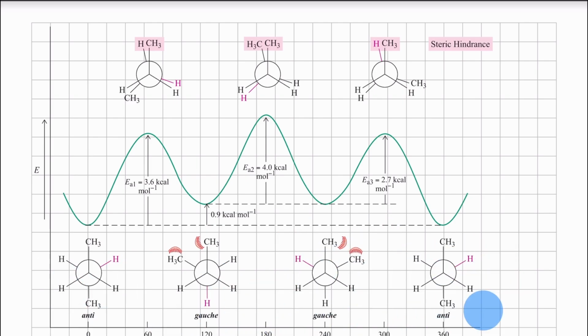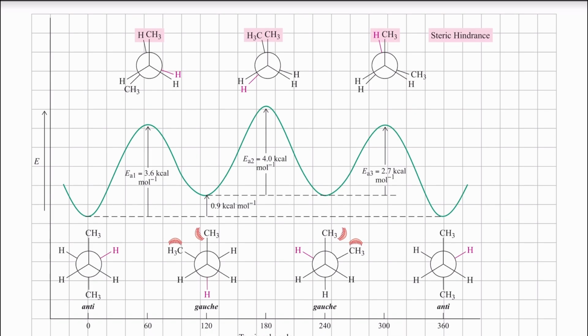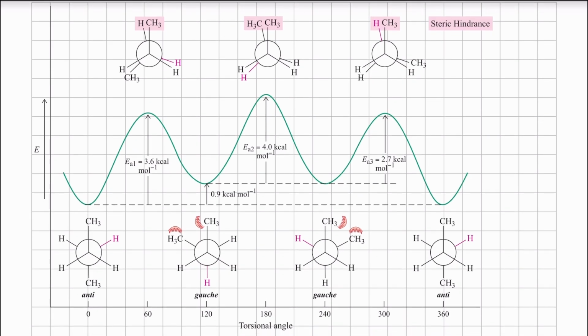Because of the possible steric hindrance between the two methyl groups in the gauche conformation, it is a little less stable compared to the anti, and it has 0.9 kilocalories per mole of potential energy compared to the anti. So this is the diagram of the butane molecule, the diagram of conformational analysis.